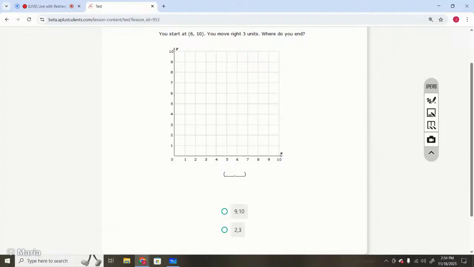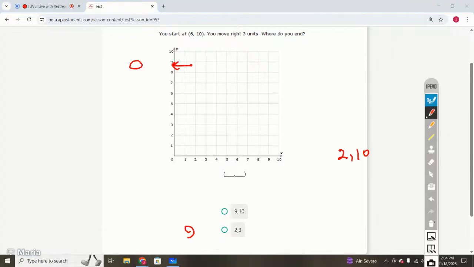You start at 6, 10. X is 6 and Y is 10. Here is the intersection of 6, 10. You move right 3 units. So 1, 2, 3. So you end up here. So what are the new coordinates?